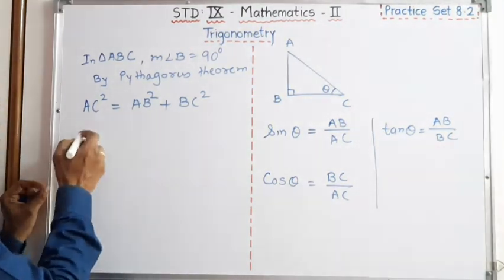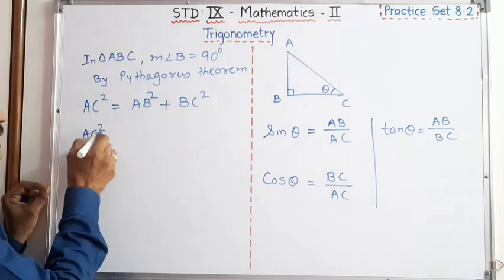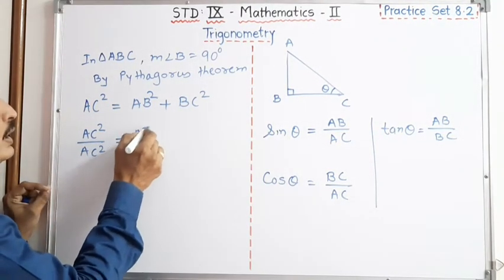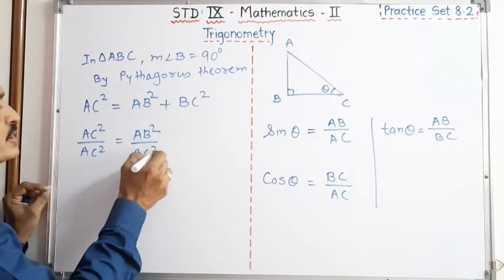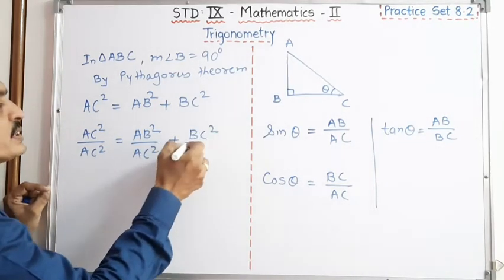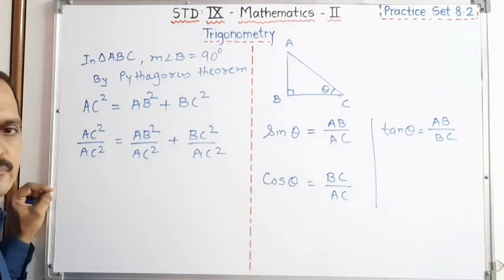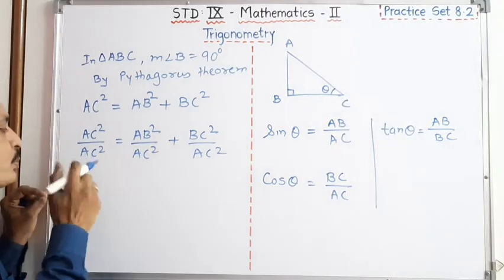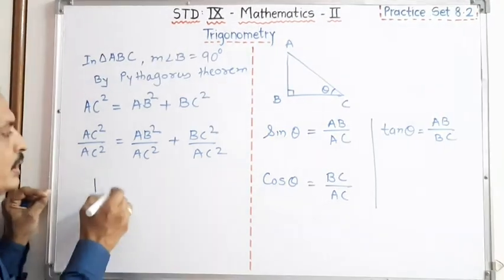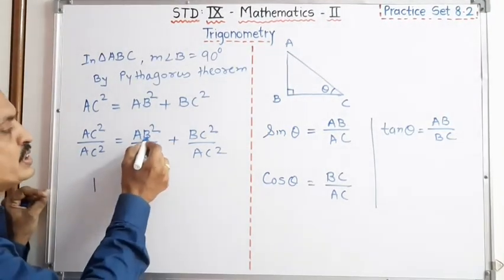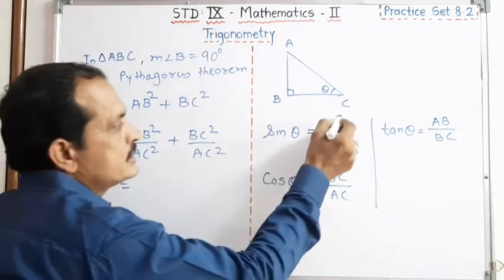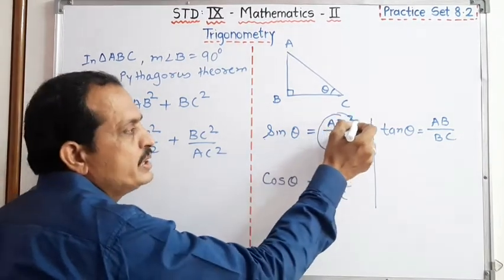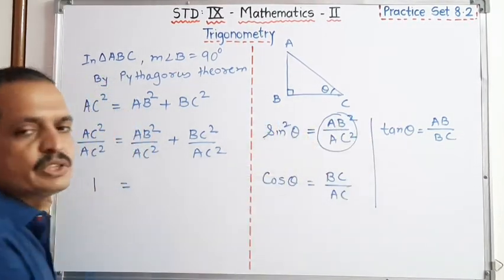Now divide this with AC square. Therefore AC square upon AC square is equal to AB square upon AC square plus BC square upon AC square. We divide each term by AC square. Now AC square upon AC square is equal to 1. Now see dear student, AB upon AC is equal to sin theta, but AB square upon AC square will be sin square theta.